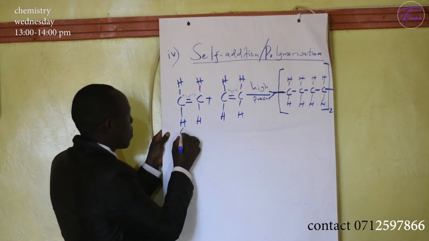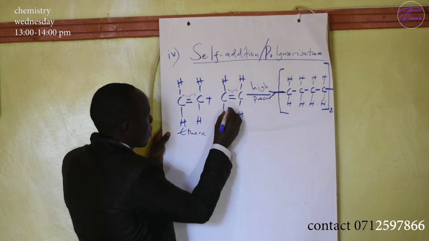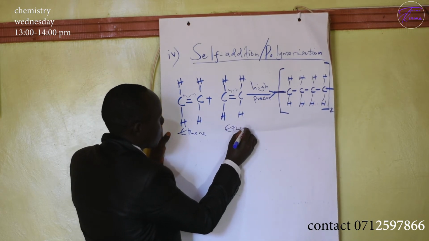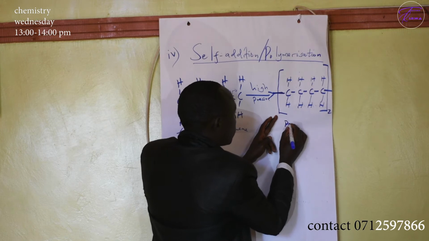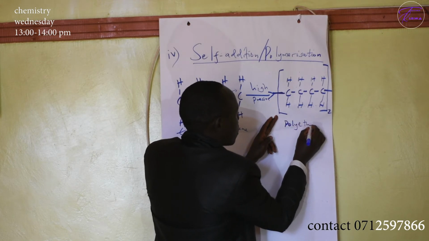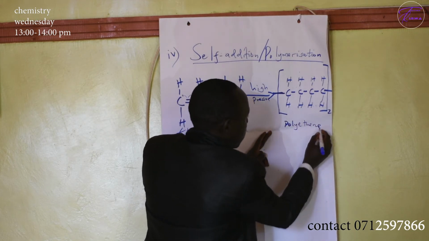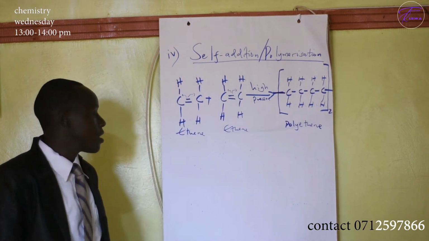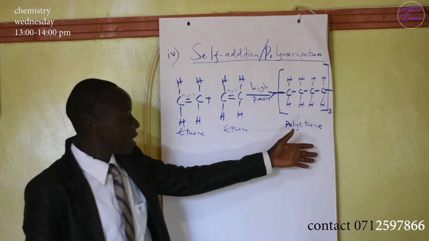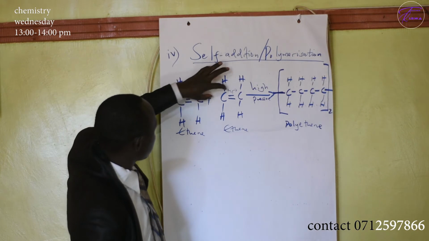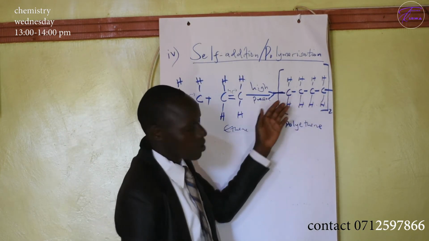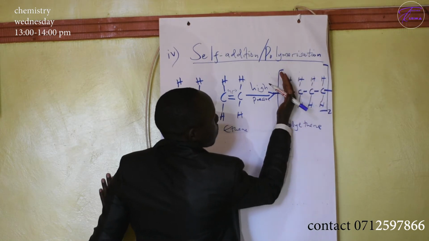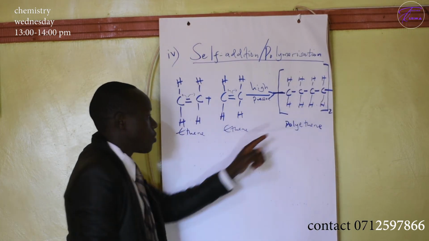This one is called ethene, this one is called ethene, this one is called polyethene. When you look at this, you can break it into 2, this side and that side.